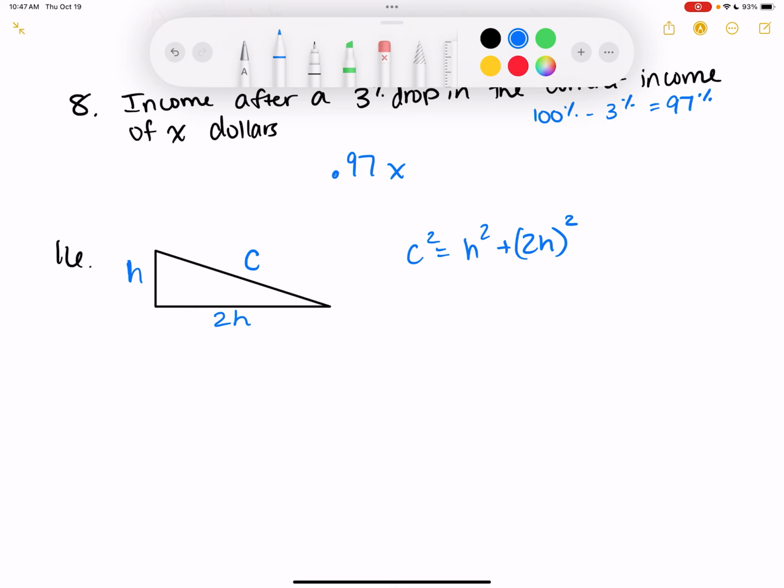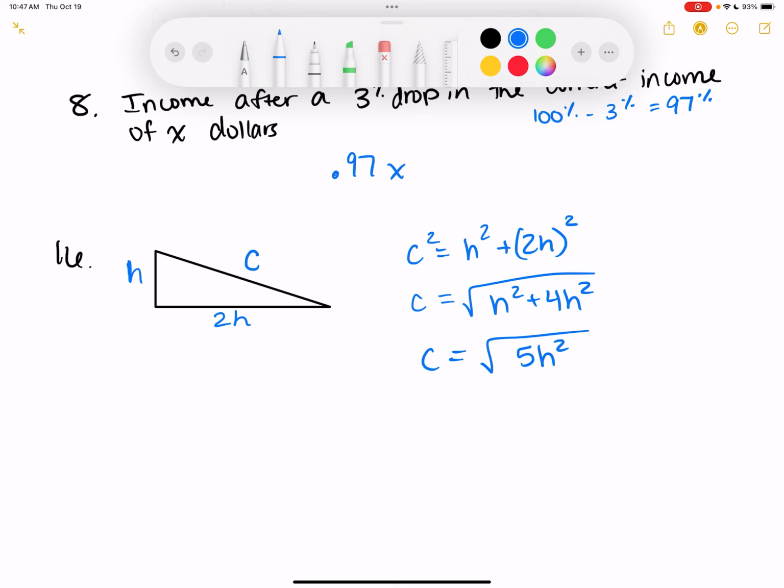So then C is equal to the square root of h squared plus 4h squared. So C is equal to the square root of 5h squared. And then, what can I do? Can we take out the h?